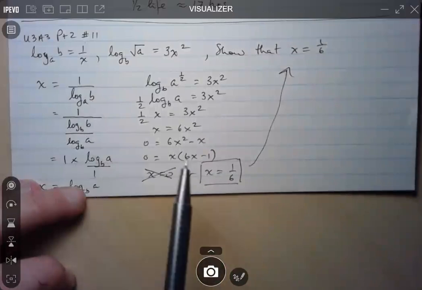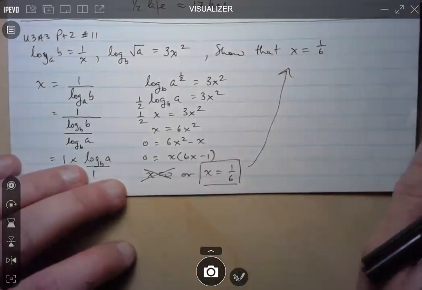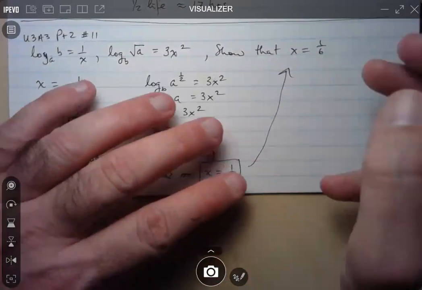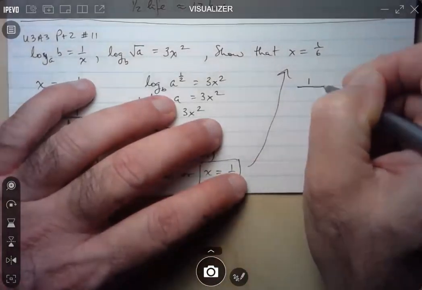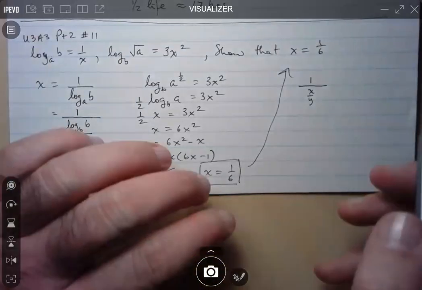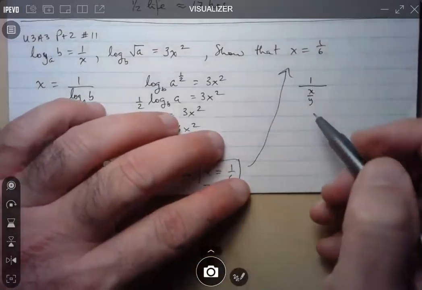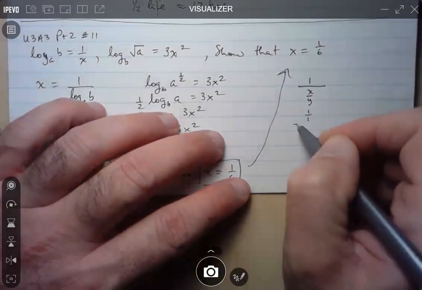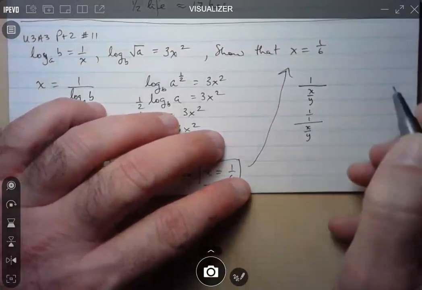Yeah. Okay, so this is what you want to keep in mind, this is actually just about fractions. So if I have 1 divided by x over y, essentially this is just a division of fractions. It's like having 1/1 divided by x over y, okay?